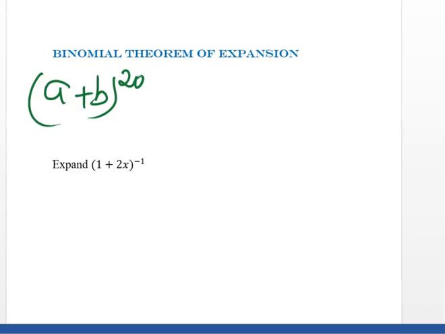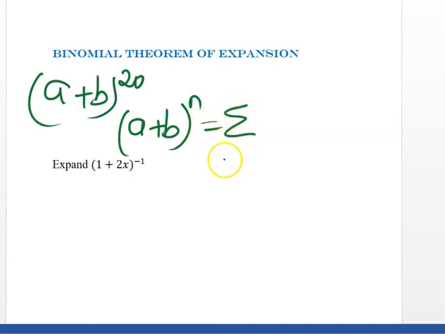So to do expansions of such a type, we use what we call the binomial theorem: (a + b) to the power n gives us the sum from r equals 0 to n of nCr, a to the power n minus r, b to the power r.